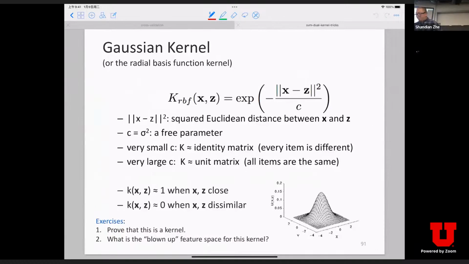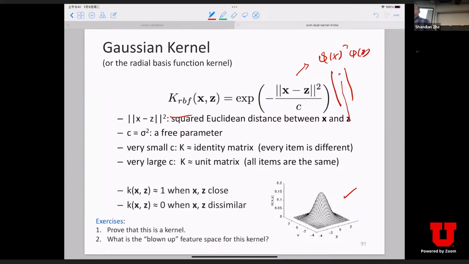Here's one interesting question. What is the corresponding feature mapping for the Gaussian kernel? That is, what is the corresponding phi, such that the dot product between phi(x) and phi(z) is equivalent to this Gaussian kernel? I will leave it as an exercise for you, but it's not required, because I can tell you this feature mapping is infinite dimensional.